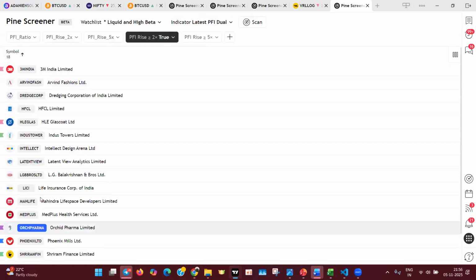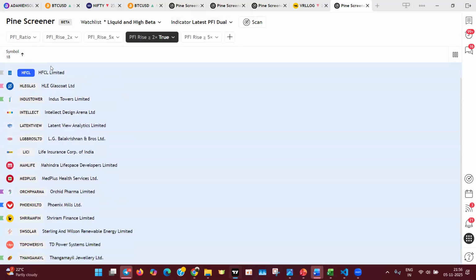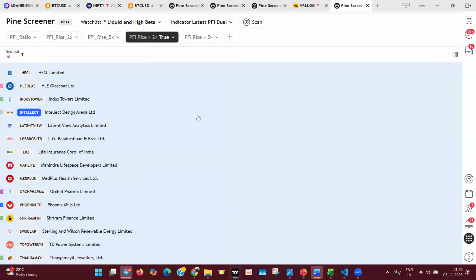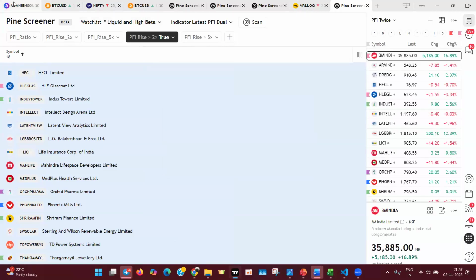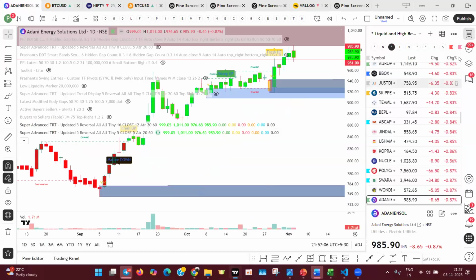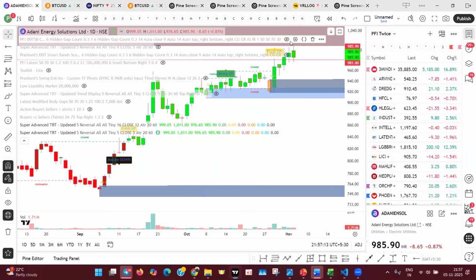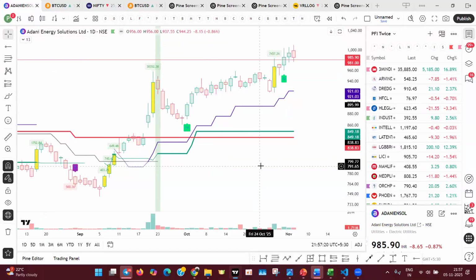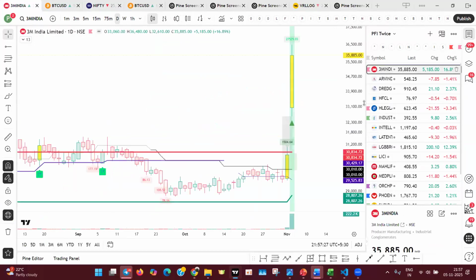Yeah, so there are 18 symbols now. Let's check if these have a rise of 2 times PFI or not. Yes, so we have 2 times PFI here.